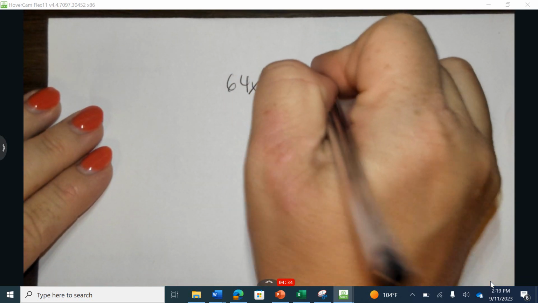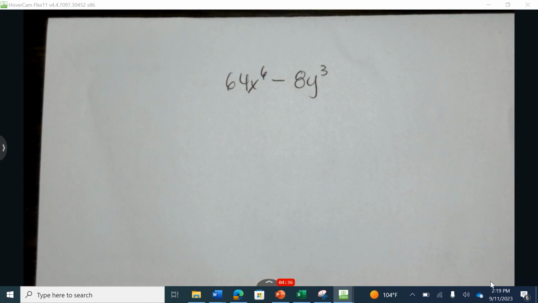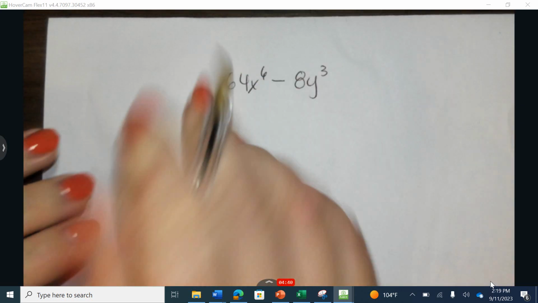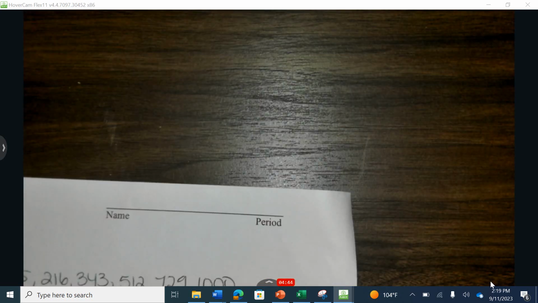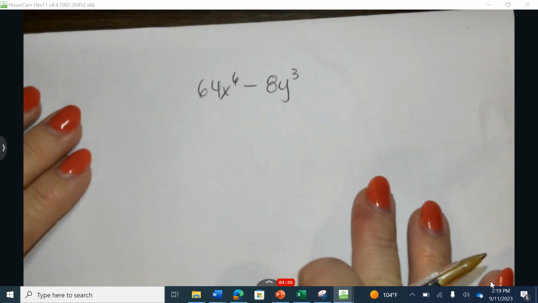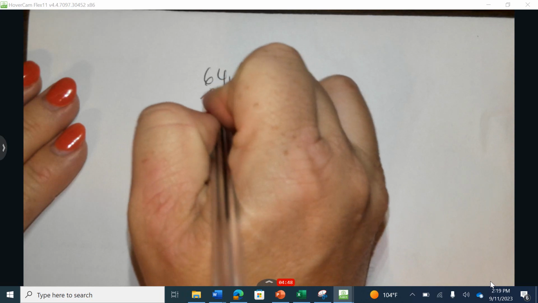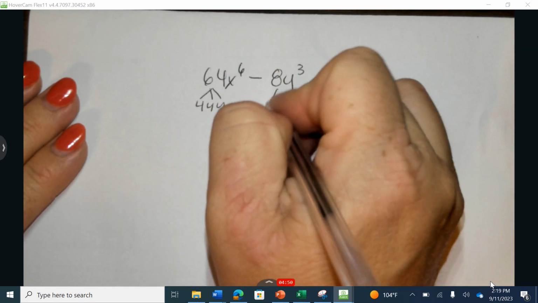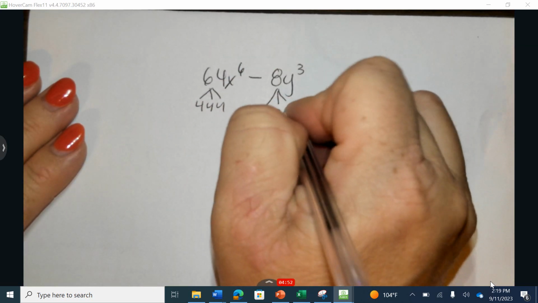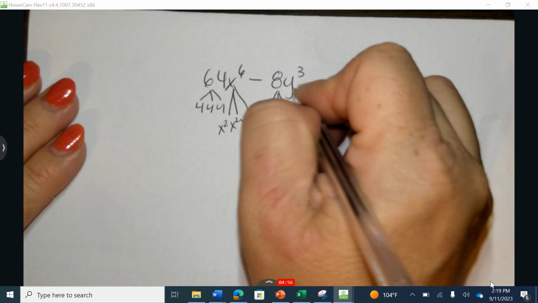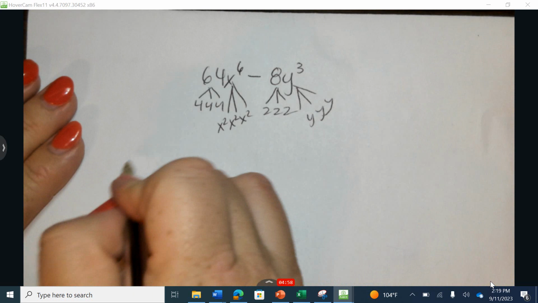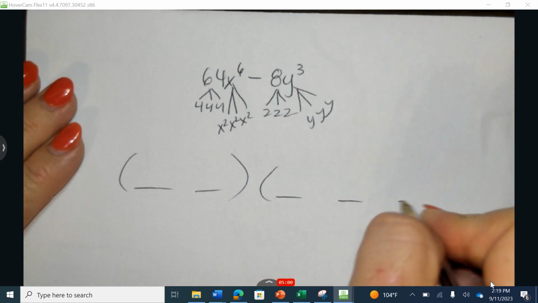And so what I'm demonstrating right now is how we can achieve the same answer as long as you recognize at some point you're able to factor out a value. So in this case, we're going to pretend that you didn't recognize you could factor out an 8, okay? What do we do? Well, 64 breaks into 4 times 4 times 4, and 8 breaks into 2, 2, and 2. We already said that this is x squared, and this is y. So I make my little marks here.